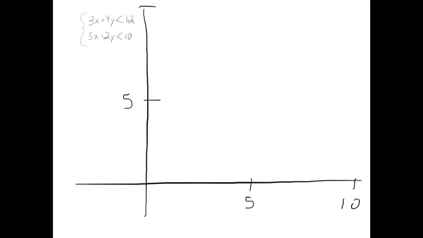So here's an example. Looking at this example right here, we've got 3x plus 4y is less than 12. I'm going to graph the inequality on the top first, of course, and in this case I'm going to use red.